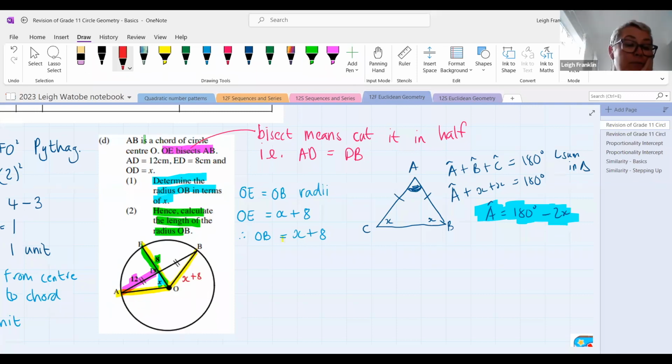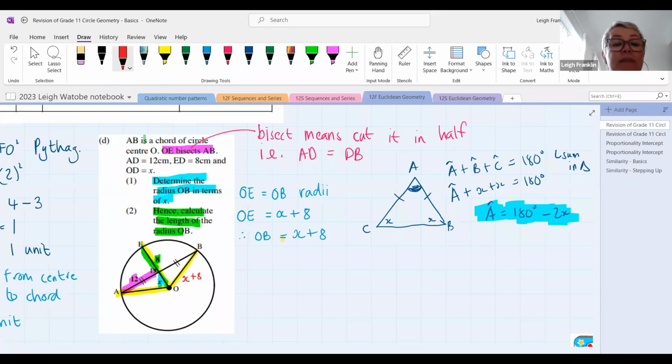All right. Now, the next thing that we need to do is if they want us to calculate the length of OB, calculating the length of OB means we need to solve for X. Otherwise, we need to work out what X is.